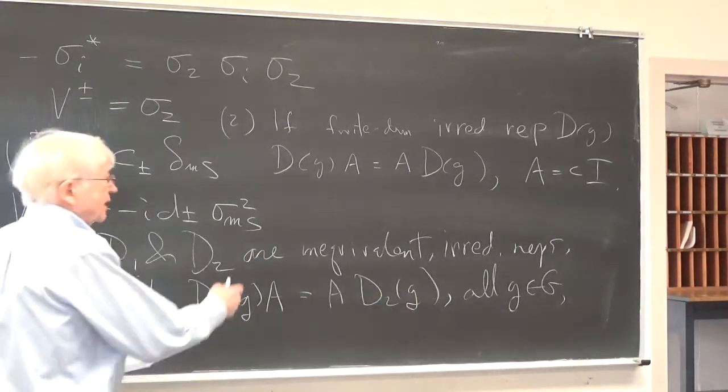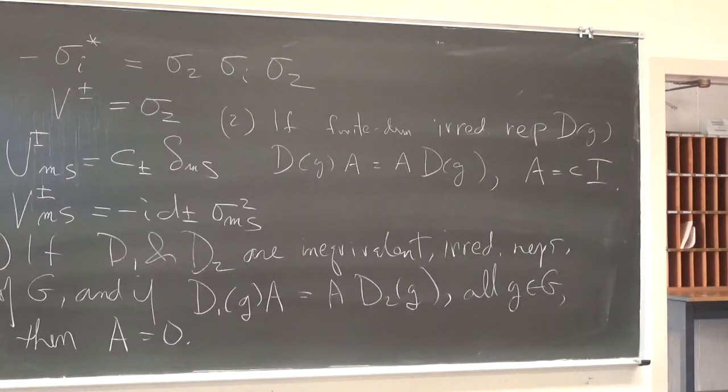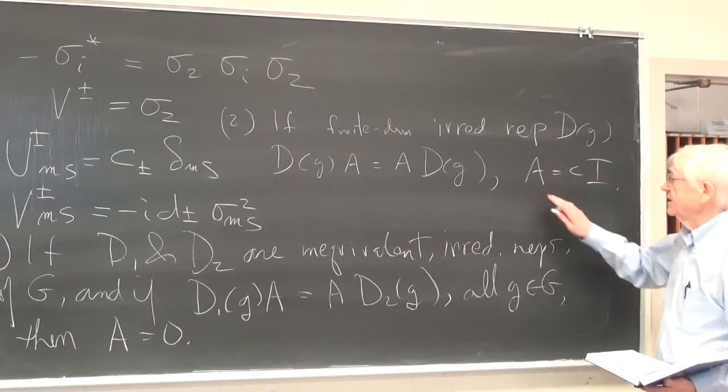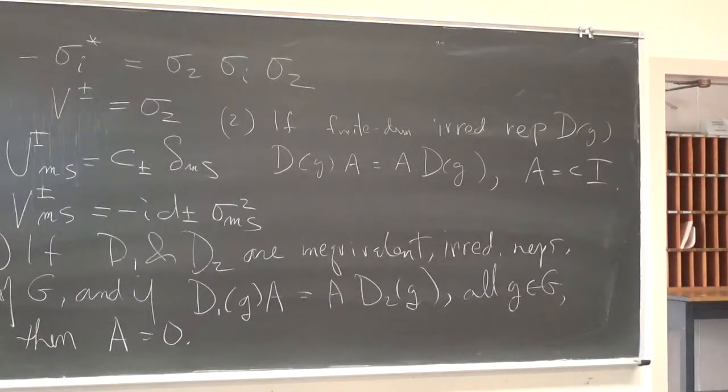So we certainly have finite dimensional irreducible representations here, and therefore A is a multiple of the identity. So that's why, in fact, this U is not simply S, but it's just a multiple, c plus or minus, of the identity.